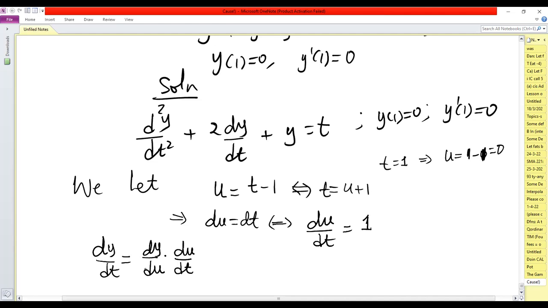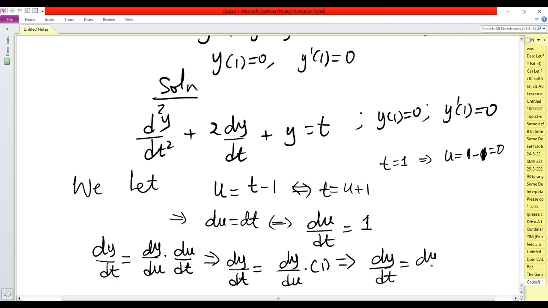So this means that dy dt is the same as dy du times du dt, which is 1. So dy dt is just the same as dy du. So where there's dy dt, we replace it by dy du.